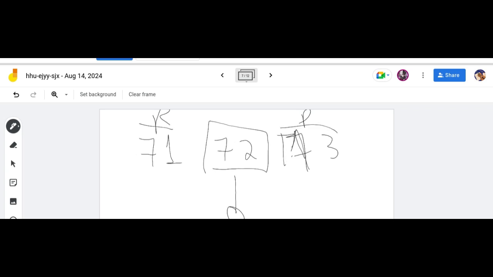So these two might be brother and sister, but they are apart by only one number. So we can call these two numbers twins. And since these are prime, these are twin prime numbers.